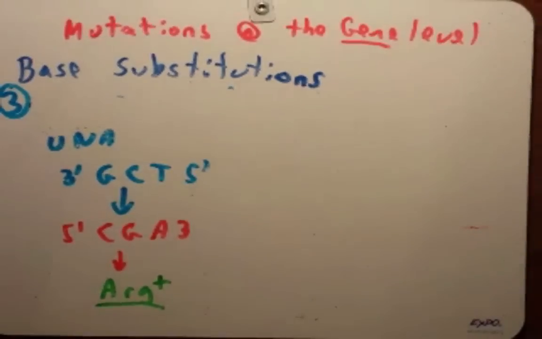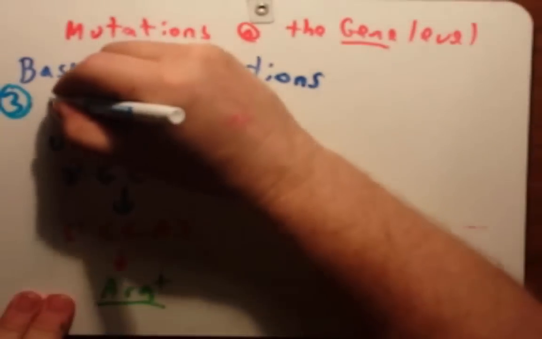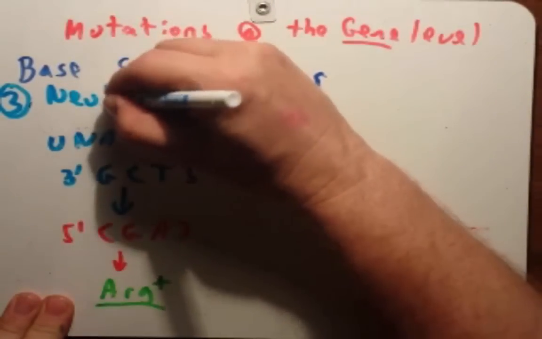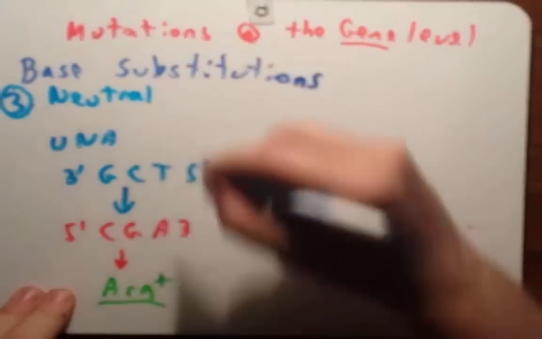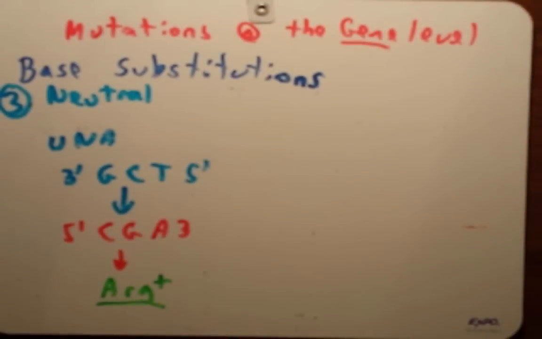And this next one I'm going to talk about is called a neutral mutation. Since I told you you don't need to memorize the different charges of the amino acids, I'm going to just explain in words what a neutral mutation is.